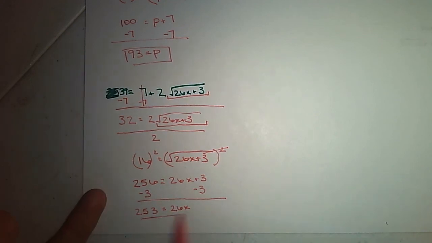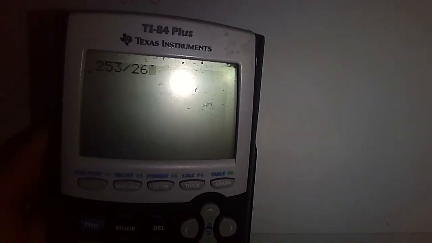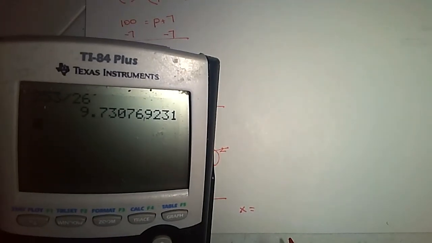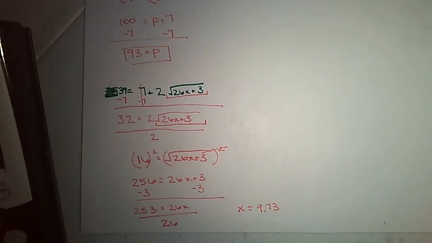So in order to get x by itself, let's divide by 26. I have a calculator today, as you've seen. So we have 253 divided by 26. Whoa! That could be a fractional answer. We'll check it in a second. I get 9.73, if I type that in right, and my math is right.